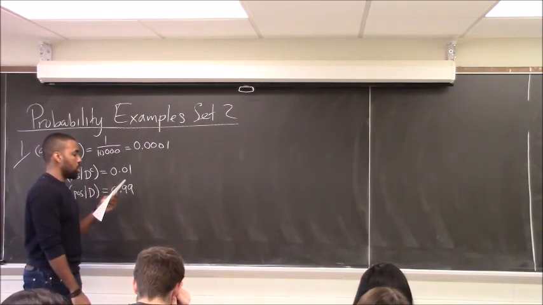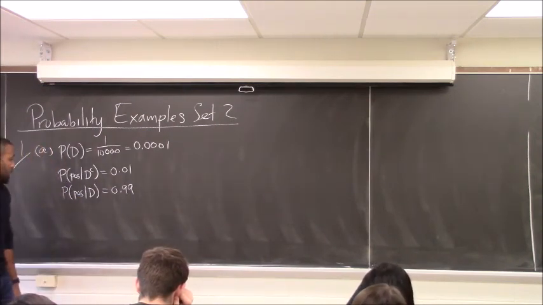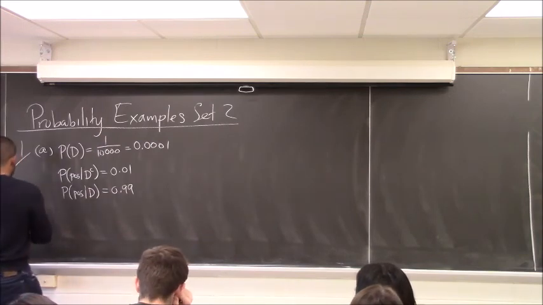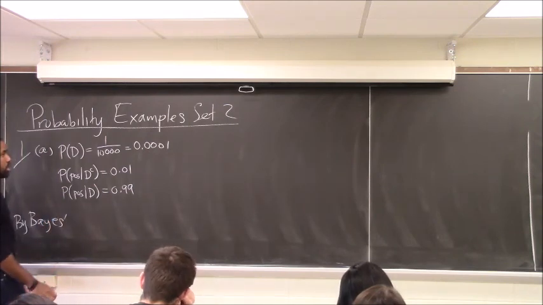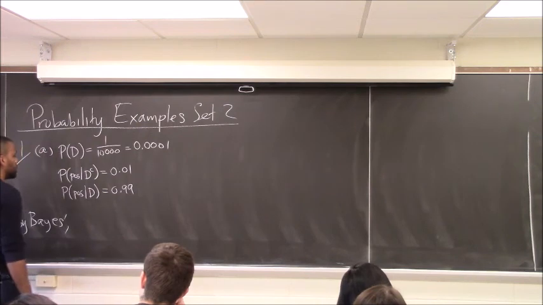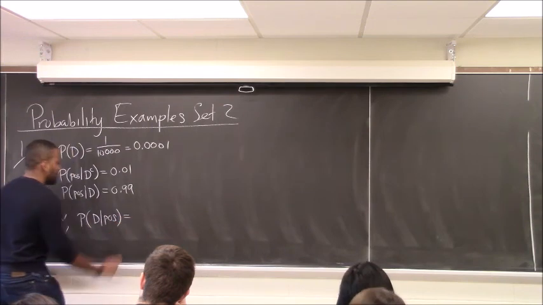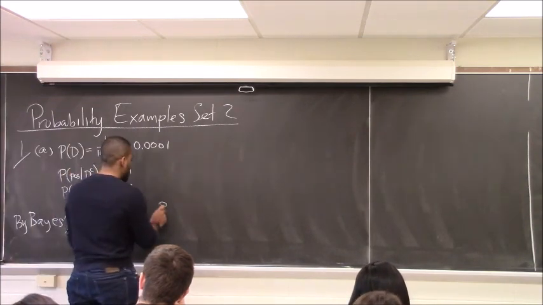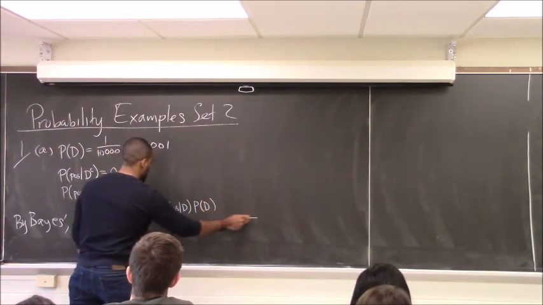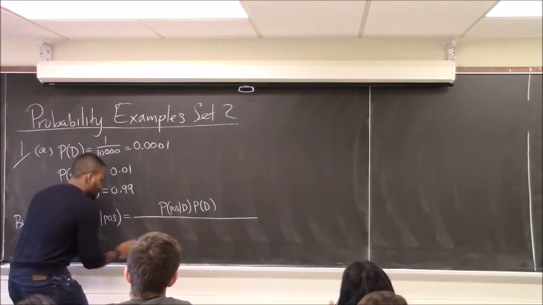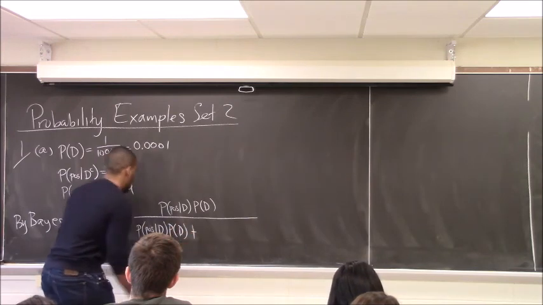And we had to figure out what is the probability that you actually had the disease, given that you got this positive result. And basically we used Bayes' theorem. This is just a repeat of what we actually did in class, so that when we move on to part B, you can see what we're doing. By Bayes' theorem, we realized the chance that you actually have the disease, given that you had a positive result, is going to be the probability that you got a positive result, given that you have the disease, times the probability of having the disease, over the same thing, plus the opposite.